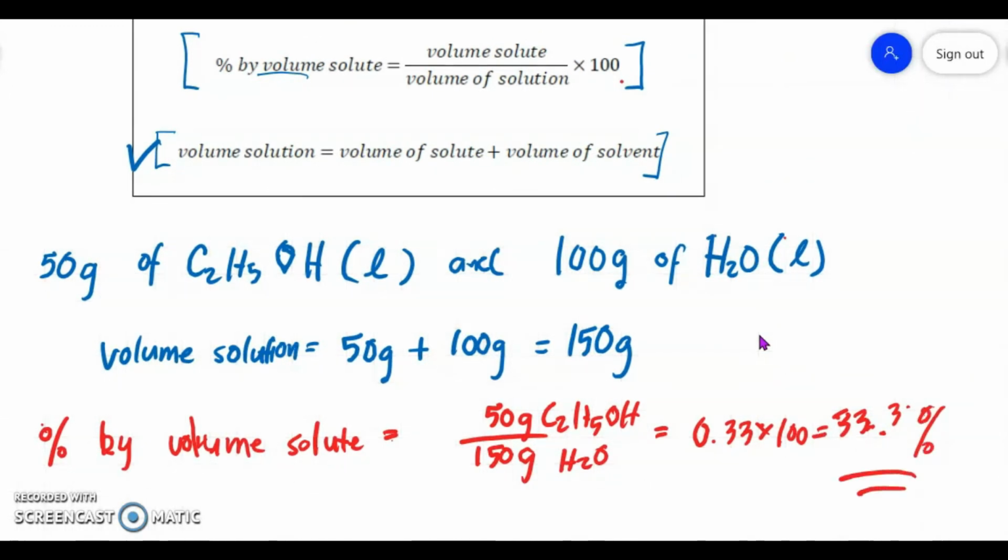These are the simplest examples, where we always have water as the solvent. So the percent by volume of solute of ethanol and water is 33.3%.